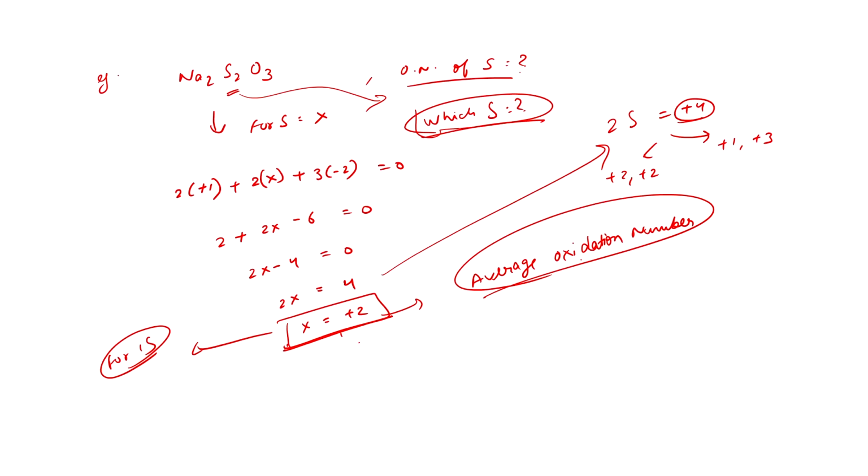Now, moving towards one of the examples given in your NCERT textbook, problem 7.4. An equation is given: 2Cu2O, solid, plus copper sulphide, solid, gives 6 copper, solid, plus SO2.